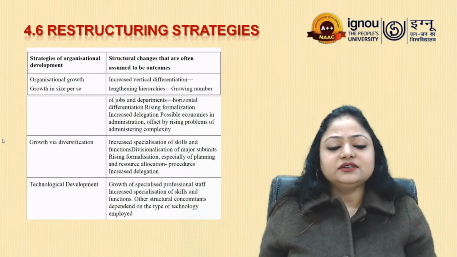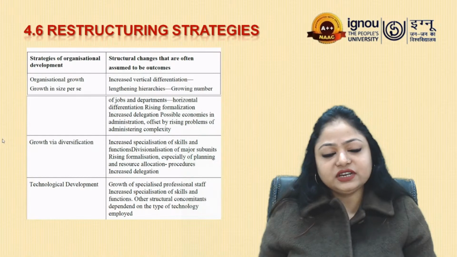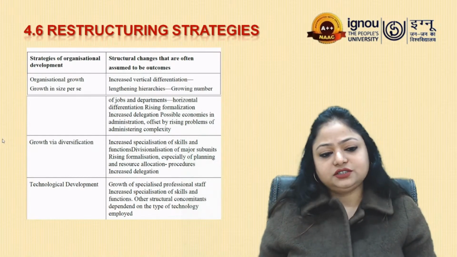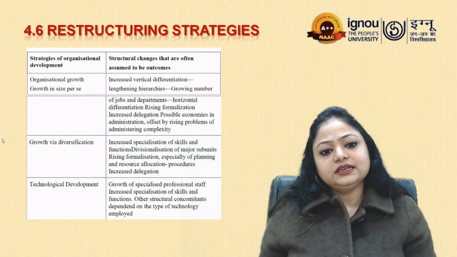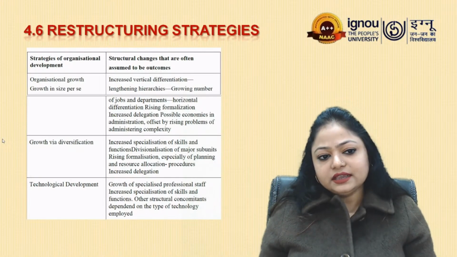Then growth via diversification can be another strategy when the organization is trying to redesign or restructure itself. Then increased specialization of skill and function, divisionalization of major subunits, rising formalization, especially of planning and resource allocation and procedure, and increased delegation can be there.